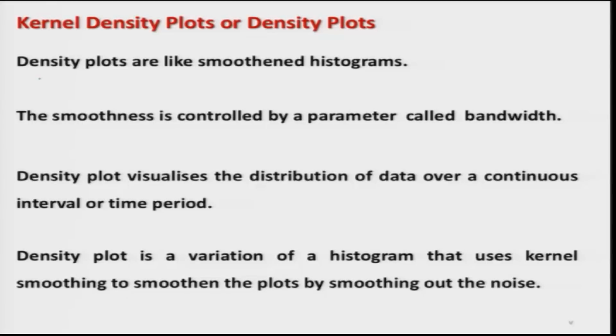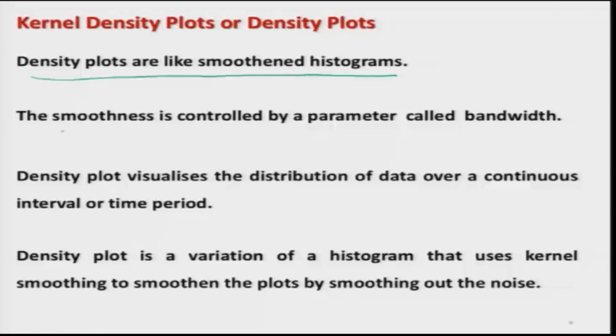These density plots are like smoothened histograms. Smoothened histograms means we create the histograms and then join the midpoints of the bars by a smooth curve. This is really what we mean.